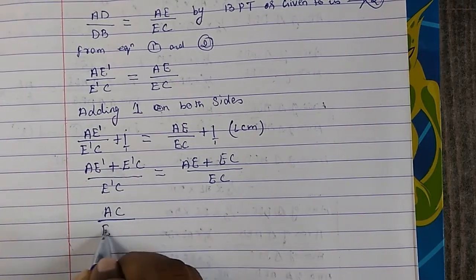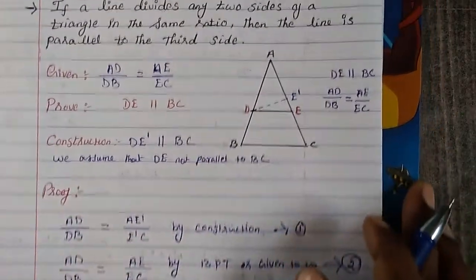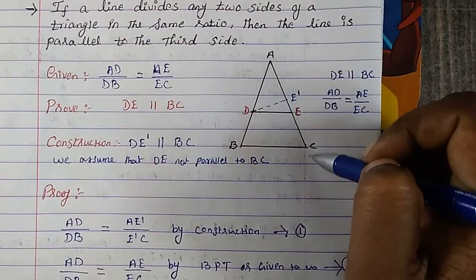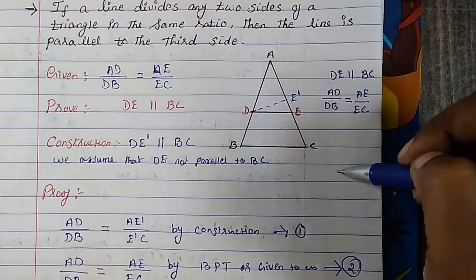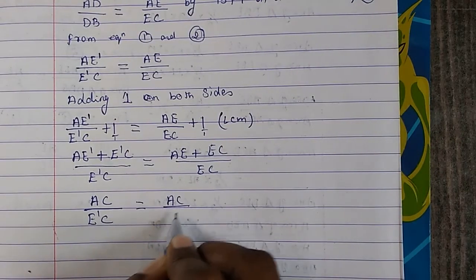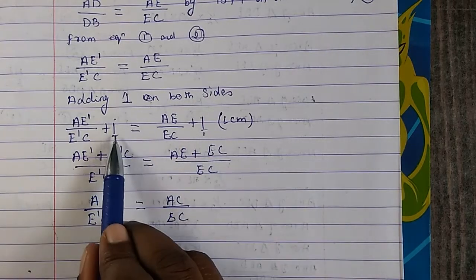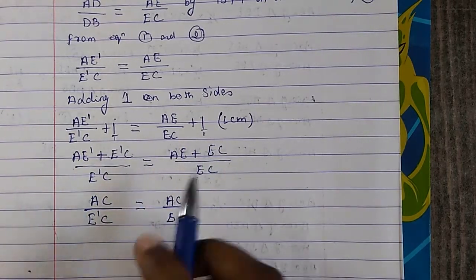Then this you write as it is. Okay, here also AE plus EC, what it is? Actually AC only. So I'll write AC. So that's why we added. Now you understand why we added 1 here? Because to get this step.